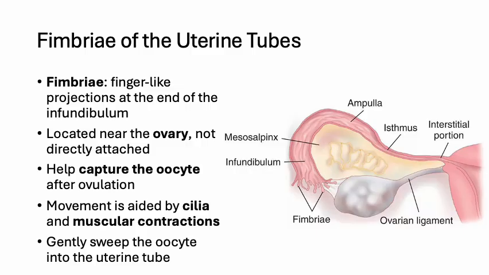When a mature follicle ruptures and releases an oocyte, the fimbriae move rhythmically, guided by the cilia and the smooth muscle contractions, to sweep the oocyte into the uterine tube. This is an essential step in reproduction, as it allows the oocyte to enter the tube where it may encounter sperm and undergo fertilization. Without effective fimbriae action, the oocyte might remain in the peritoneal cavity and never reach the uterus.